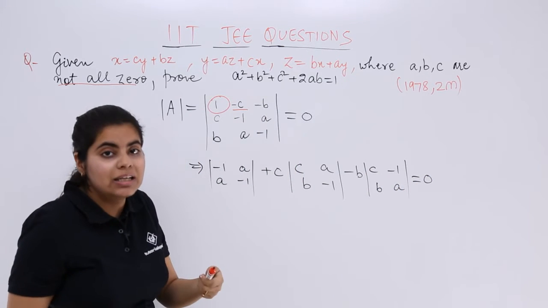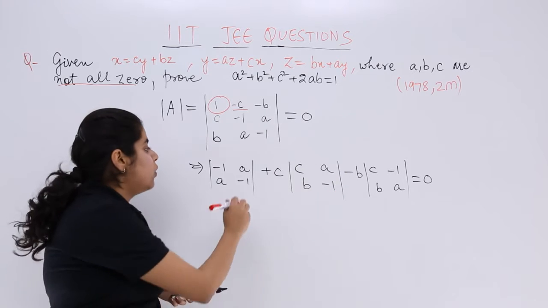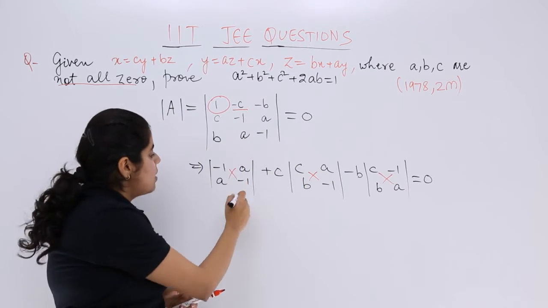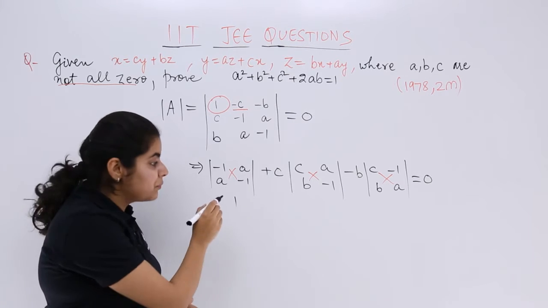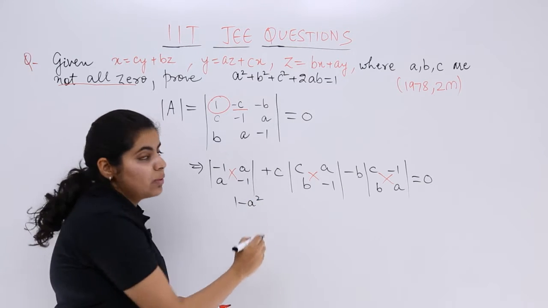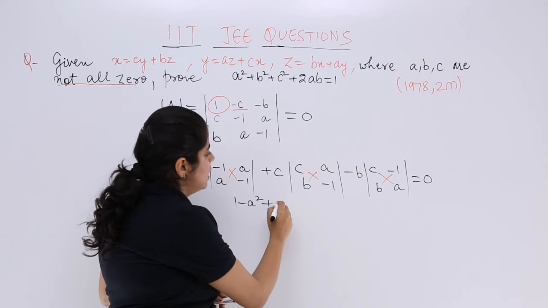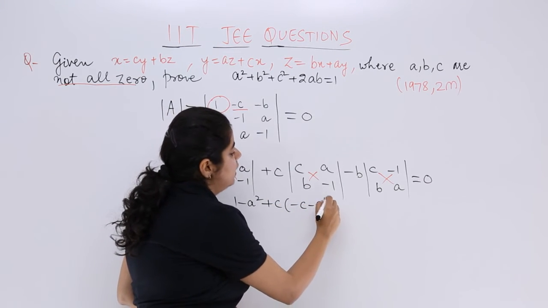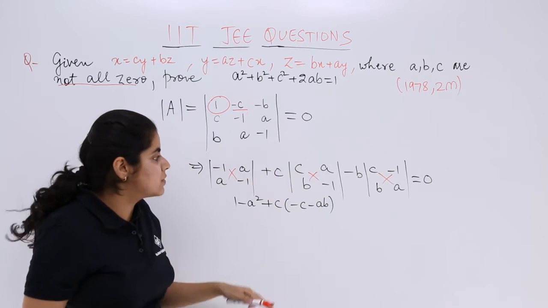That means expanding should be done in such a way that you simply cross multiply these. Cross multiplying, minus into minus is plus 1, a into a is minus a square. To the other side, plus c. c into minus 1 is minus c, minus ab. You know bottom to up is a negative sign.